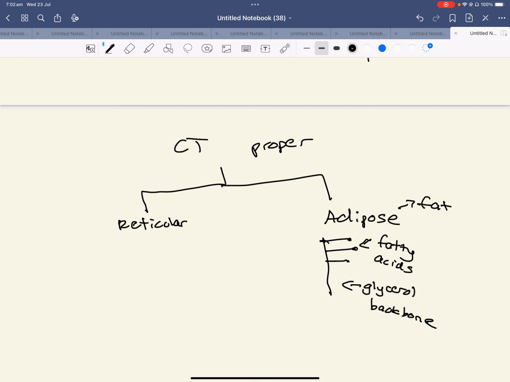Okay? Then we got the reticular. I think about it as a framework. Let's say I want to make a building, right? It's my blueprint for my building. Actually, a better way to think about it is like it's the foundations.